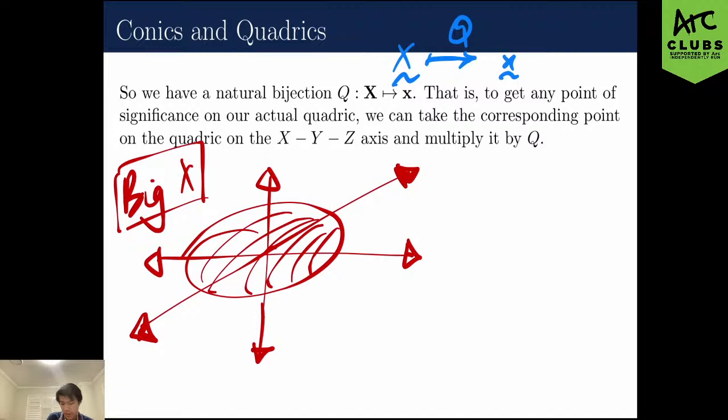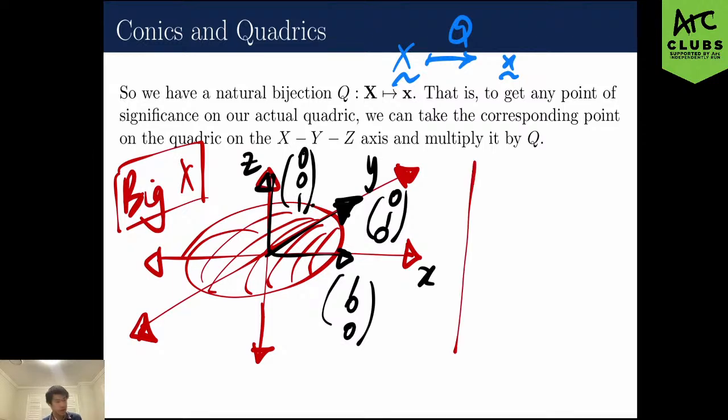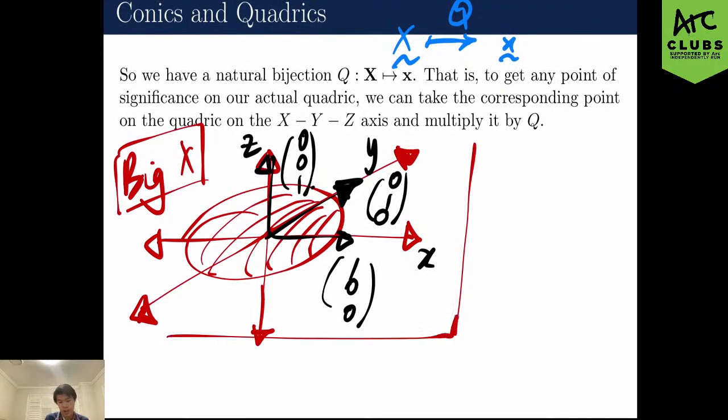We have an axis over here. Let's just say this is the x-axis, that's the y-axis, that's the z-axis. This is going to be 0, 1, 0. This is going to be 1, 0, 0. And this is going to be 0, 0, 1. So we've got these three axes. This is the big X space, and we want to get from the big X space to find out the little x space.